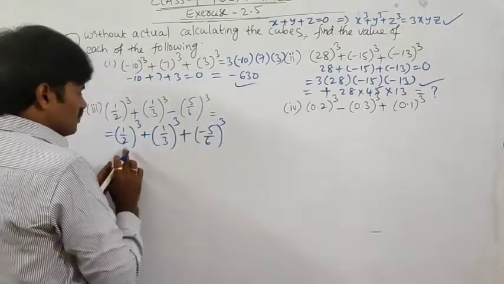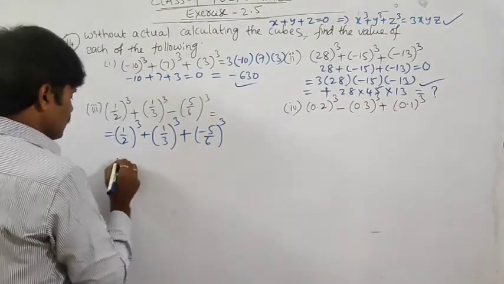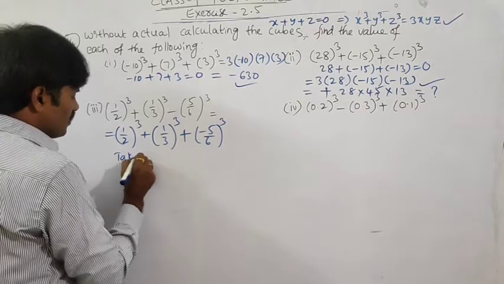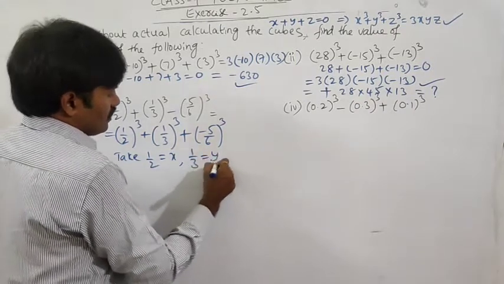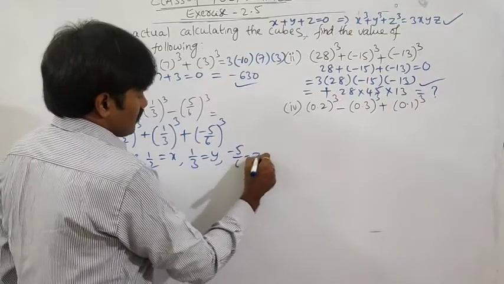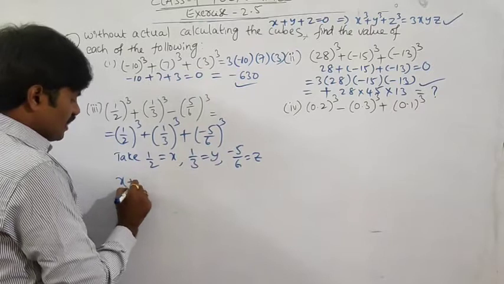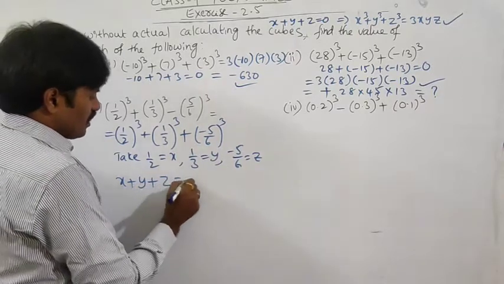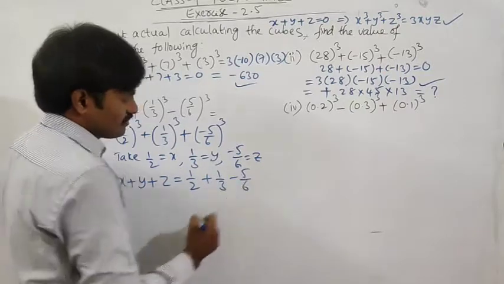So now observe whether the sum of these three is equal to 0 or not. Take 1 by 2 is equal to x, 1 by 3 is equal to y, and minus 5 by 6 is equal to z. Now find their sum, x plus y plus z, whether it is 0 or not. So 1 by 2 plus 1 by 3 minus 5 by 6.